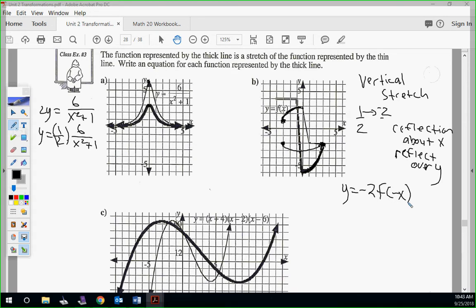Let's go and try another point. Let's see if I can find another one that kind of works. Let's look at this endpoint here. So this guy and this one. So that one's at negative 2. Yeah, and that one's at 4. See that? So negative 2 to 4. What's 4 divided by negative 2?